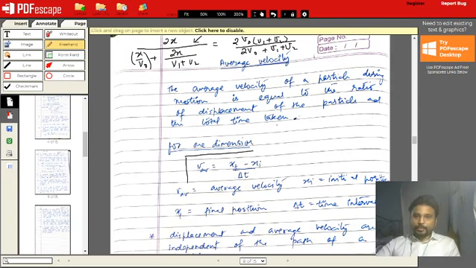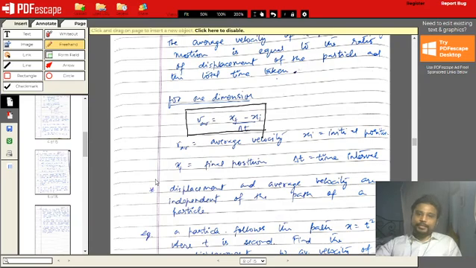So this expression is the same as what we have learned in class 9. In class 9, we also learned that the average velocity is final position minus initial position, that is displacement, upon time. The definition pretty much remains the same, except that the same concept has to be applied in a wider range of problems.